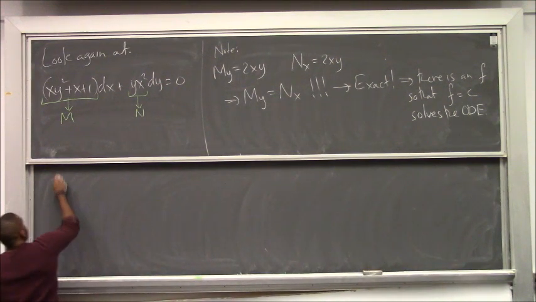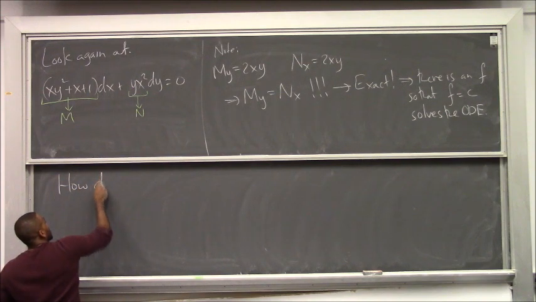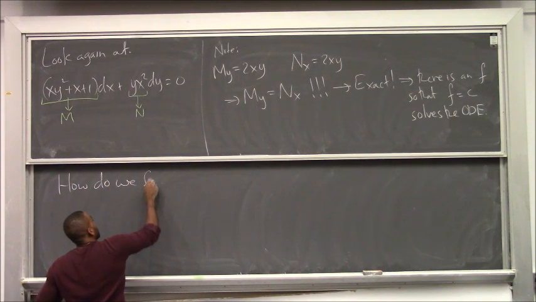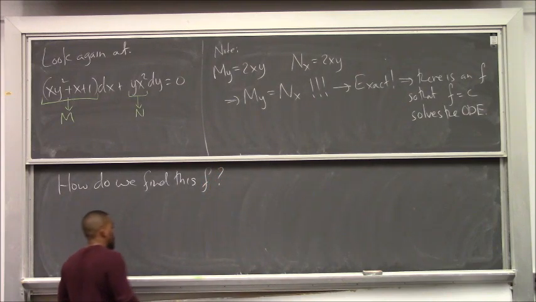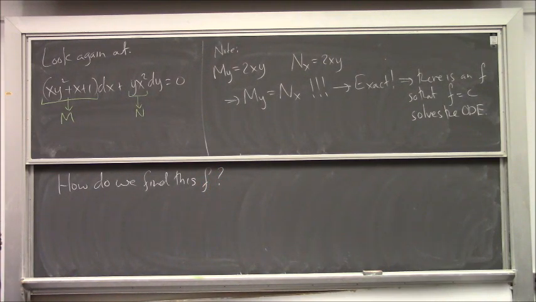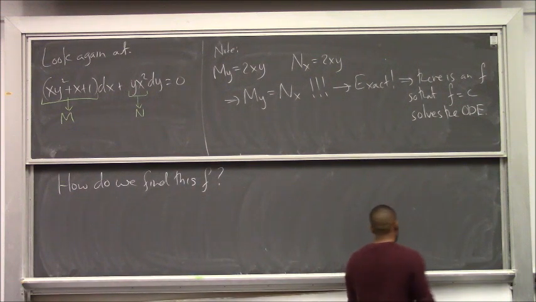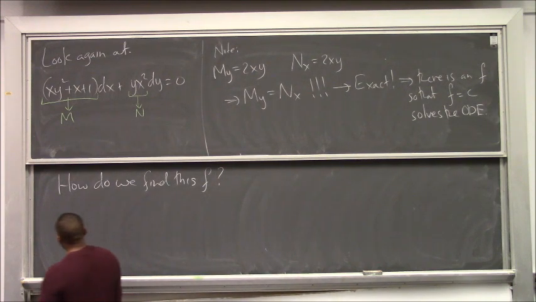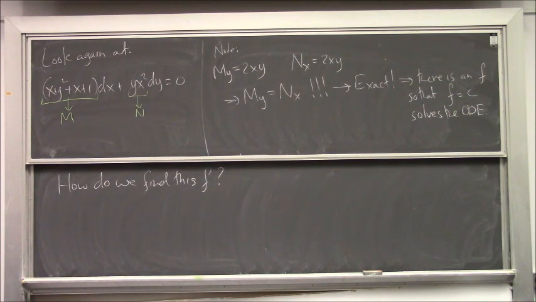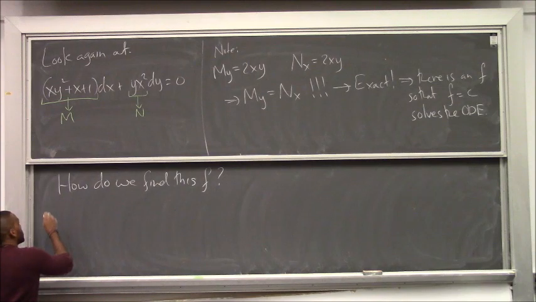So now, how do we find this f? There are a couple ways. Your textbook goes through one of them, which I probably ignore. A better way to do it is to do what Chris suggested earlier: actually take the integrals.